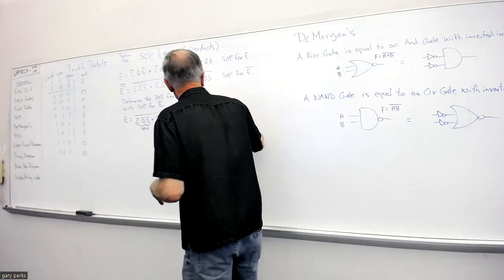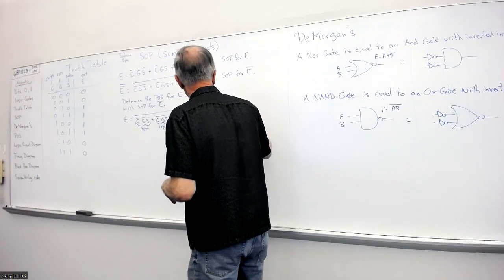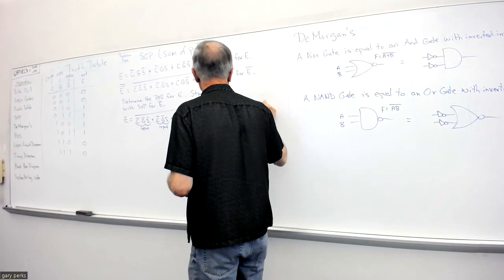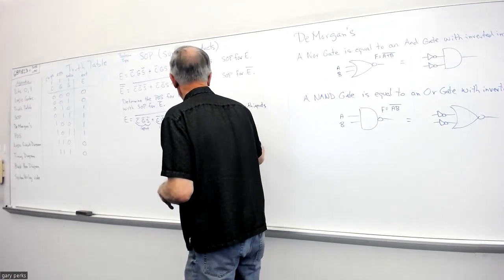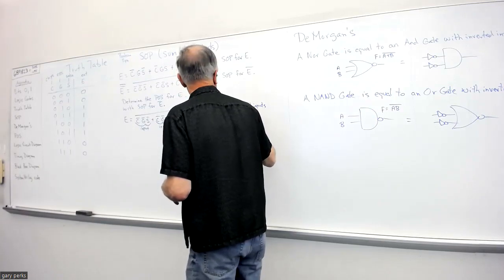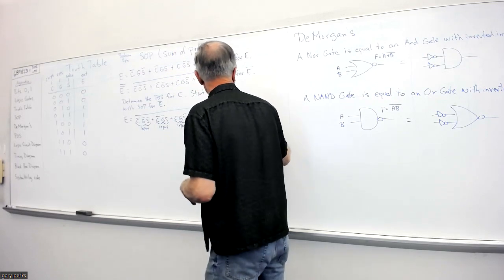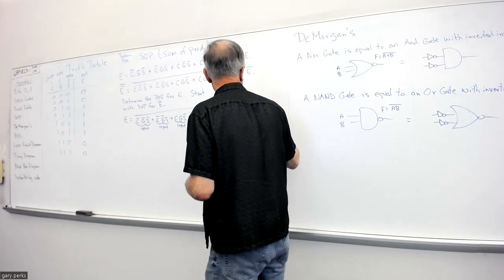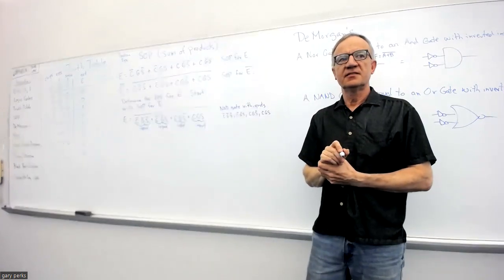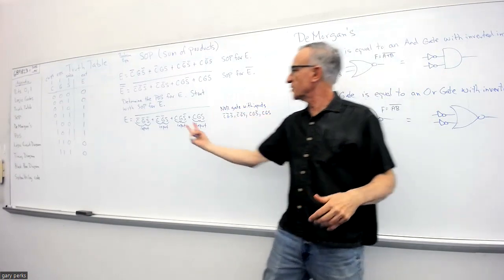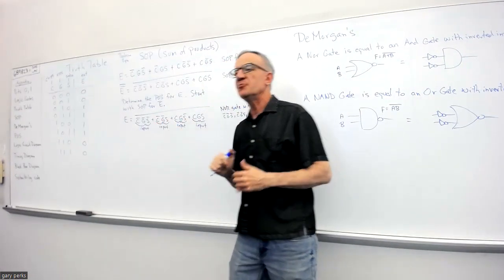See, this is a NOR gate with inputs: not C, not G, not S; not C, not G, S; C, G, not S; and C, G, S. See, this equation represents a 4-input NOR gate, where these expressions are inputs.